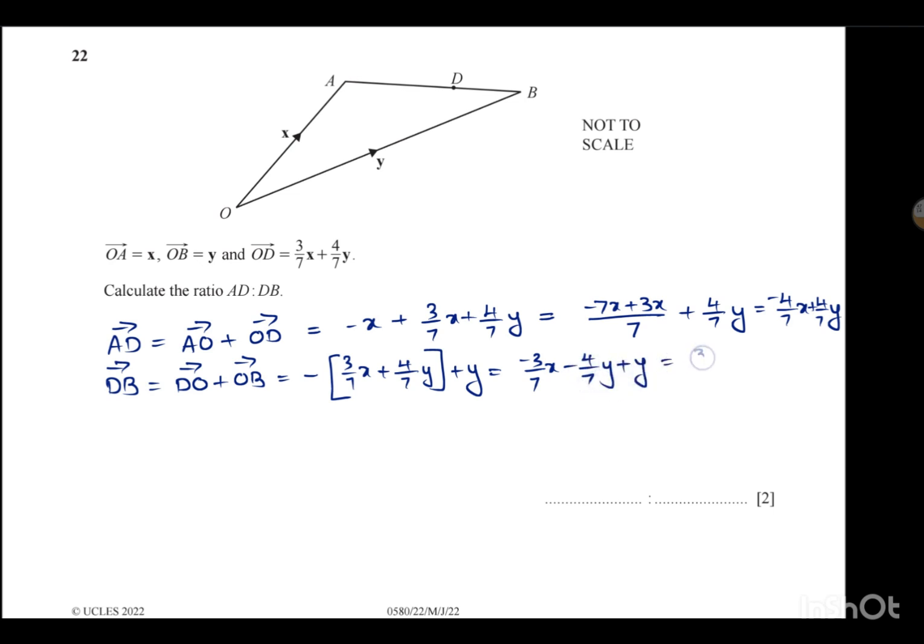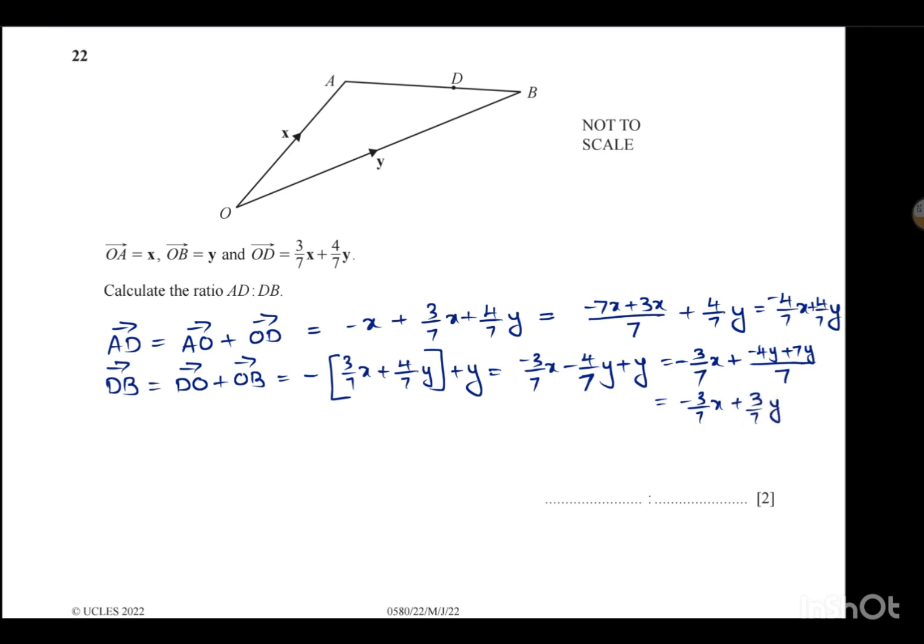Combining the like terms in y, minus 4y plus 7y, because the LCM is 7, you get minus 3 by 7x plus 3 by 7y.